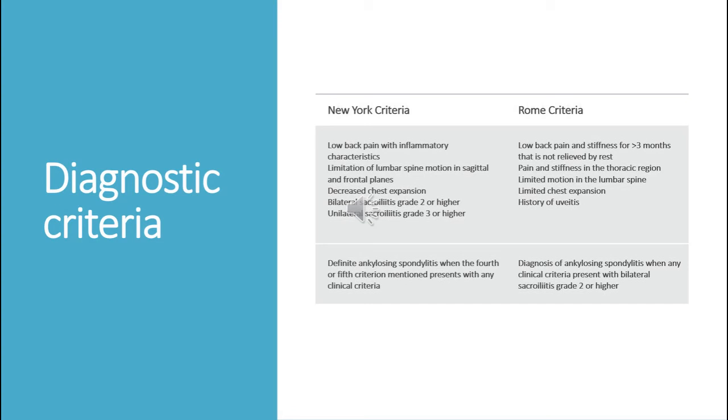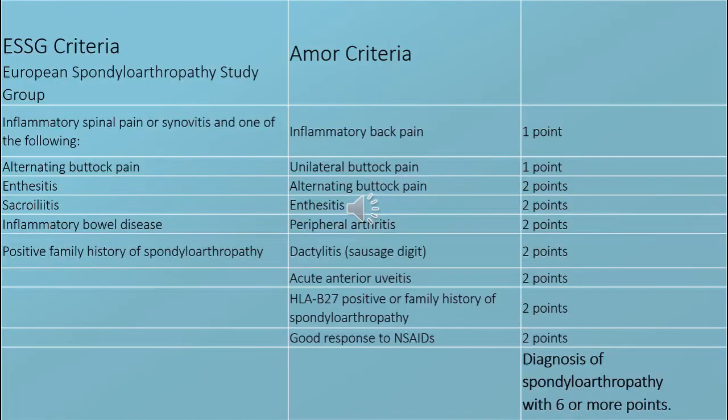We've got the New York criteria and the Rome criteria, and it's a scoring system. If you have so many of the symptoms, you've got definite AS or possible AS. One of the more recent diagnostic criteria is the European Spondyloarthropathy Study Group, or the ESSG, which I've listed here.